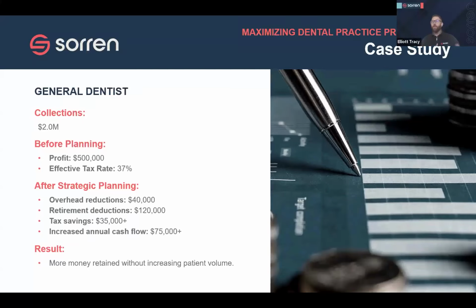So if we can effectively use retirement plans or equipment purchases, might be a time to do that. So we're being more tax efficient with those purchases. If we can get ourselves into the range where that deduction is available to us, it is 20% of the profit of the practice. So in this case, this 500,000, and 500,000 is probably not a good example because it's over the range, but let's say we're at 300,000 in practice income.